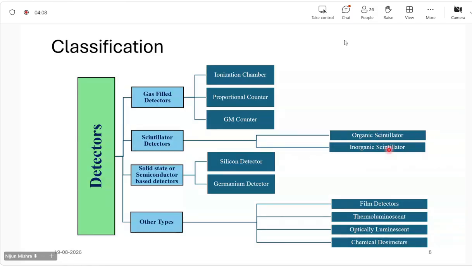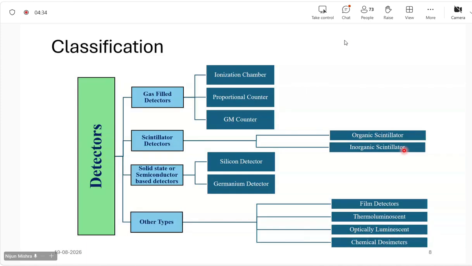Solid state semiconductor detectors are mainly of two types: silicon detector and germanium detector. Other types include film detectors, which I mentioned in our first few slides, the radiographic film or radiochromic film detector, thermoluminescent detector, optical luminescent detector, and then chemical dosimeter.